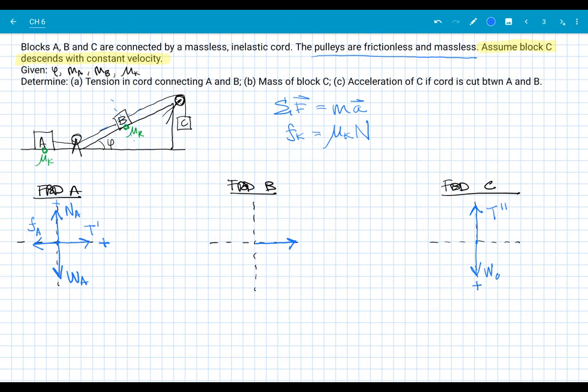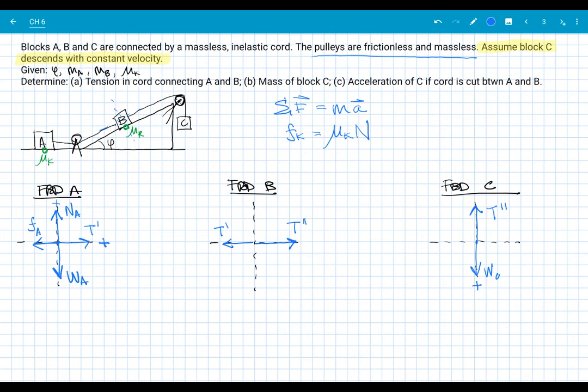To the right, I have the cord between B and C, so I'm calling that T double prime. And to the left, I have the cord between A and B, and I'm calling that T prime. So you can see some third law pairs showing up here. Hopefully you're seeing those in the tensions. Okay, very good.